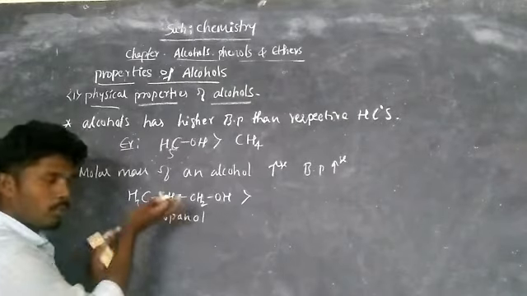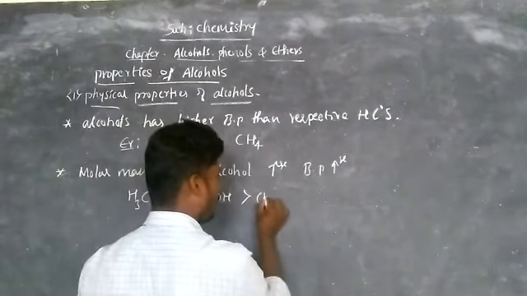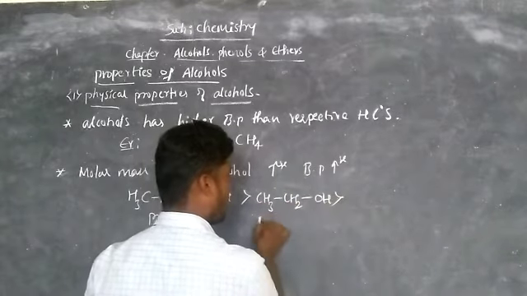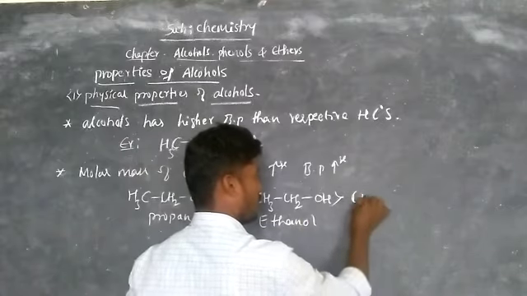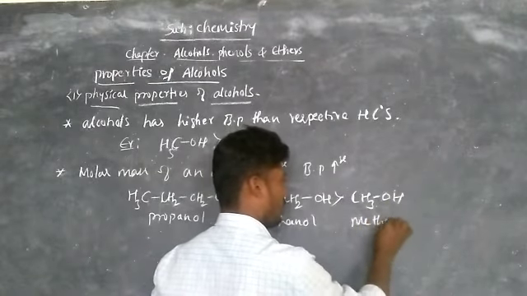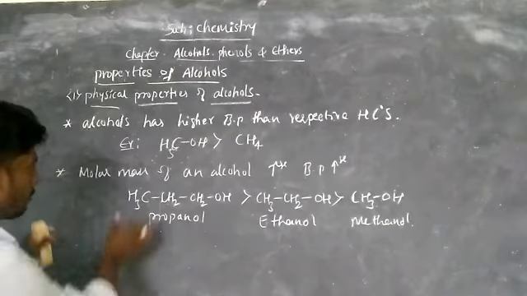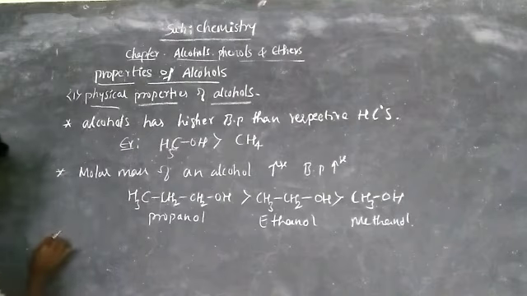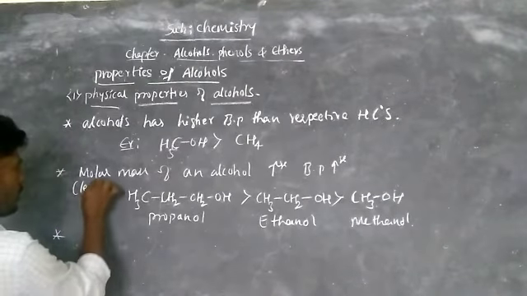The molecular mass also increases, so the propanol has a higher boiling point than ethanol, CH3CH2OH, then methanol, CH3OH. Okay, like that, as the length of carbon chain or the molecular mass of a compound increases, the boiling point increases.